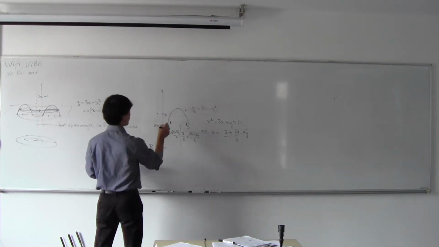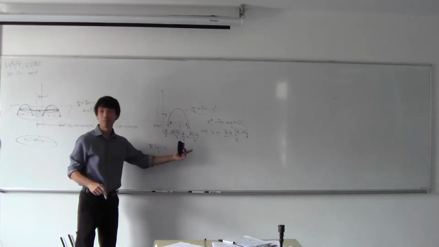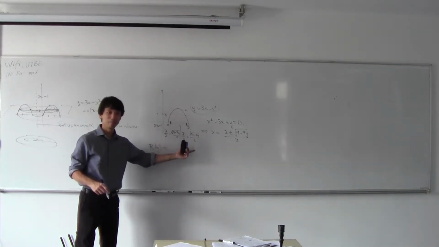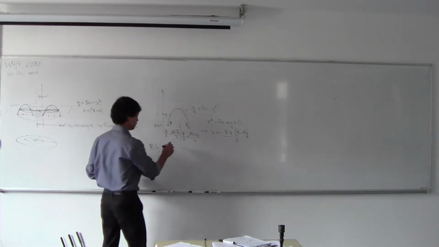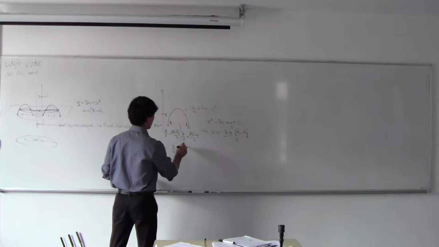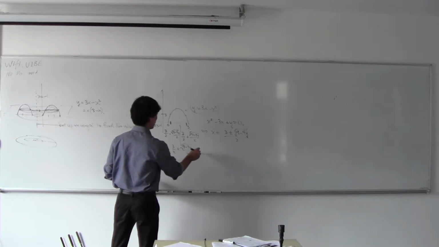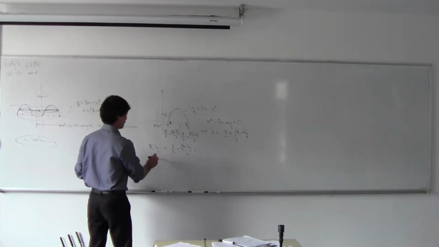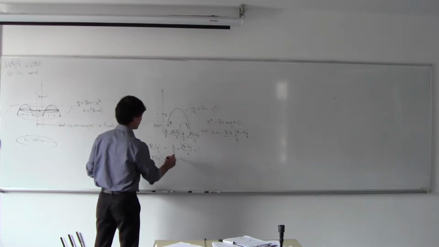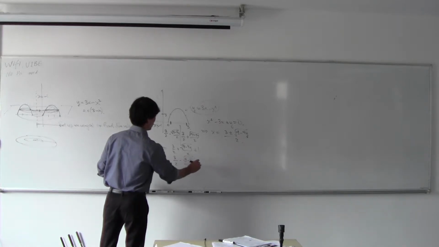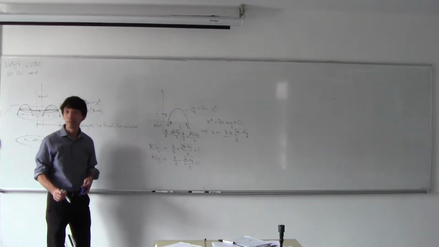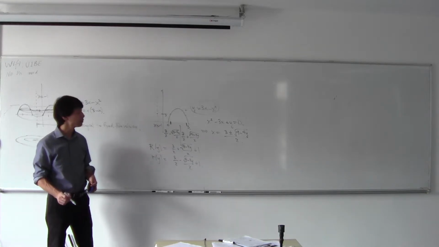Well, it's just this plus 1: 3/2 plus this plus 1. And then the small radius is going to be this left guy plus 1.